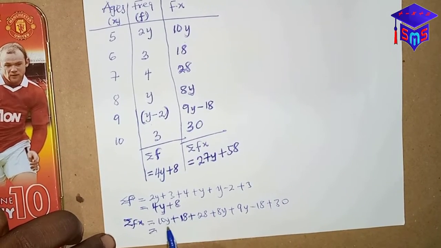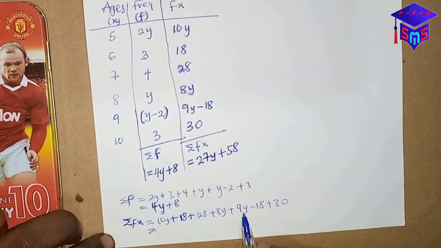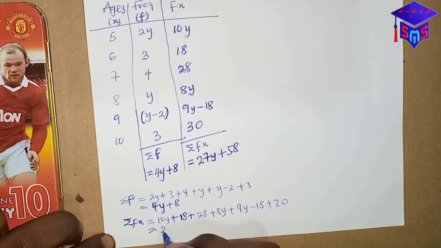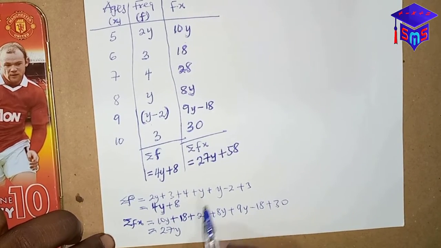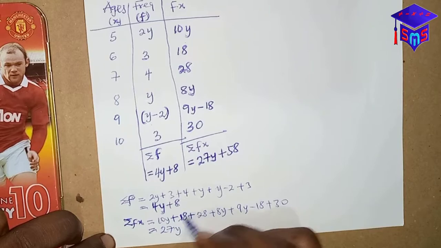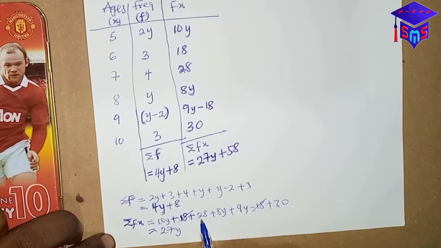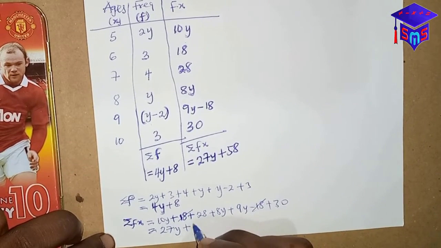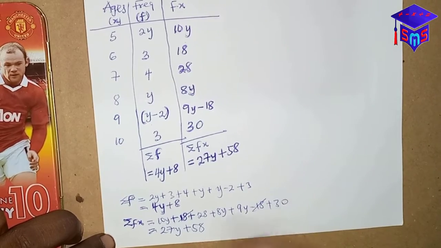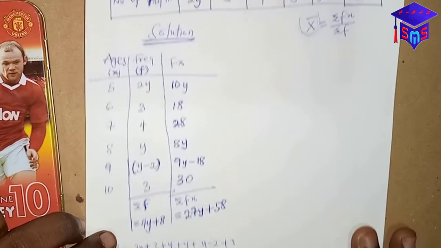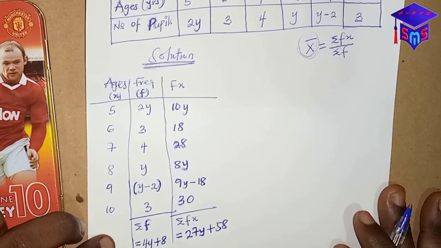Okay, so when you sum this 10y plus 8y plus 9y, then you get what? 27y. And then this 18 can even cancel this 18, so 28 plus 30 will give us plus what? 58.